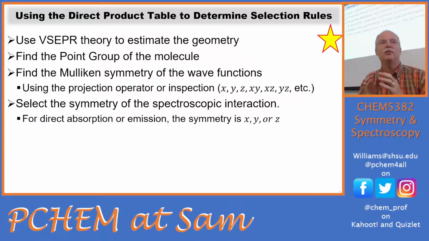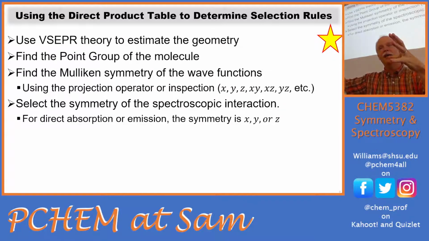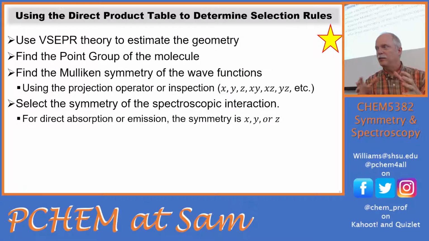So for direct absorption or emission, we're going to pretend that the molecule is fixed in space and we can send light that's polarized in the x direction, or polarized in the y direction, or polarized in the z direction. So we're going to use those three main axes, which are really our lab axes. We can adjust the polarizers and send x-polarized light into our system.